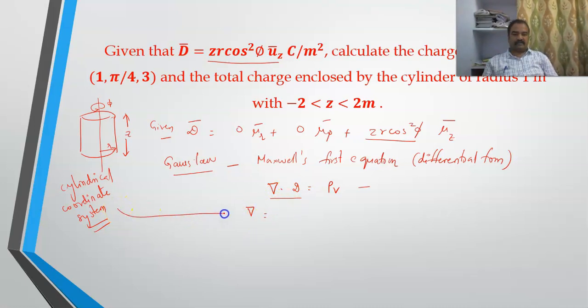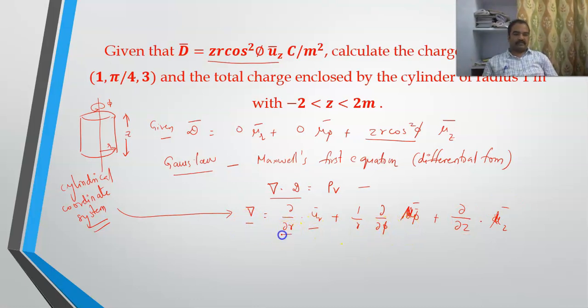In the cylindrical coordinate system, del is dou by dou r a_r bar plus 1 by r dou by dou phi a_phi bar plus dou by dou z a_z bar. So del is also an operator in vector format. These are the vector components across the r axis, across phi, across z.